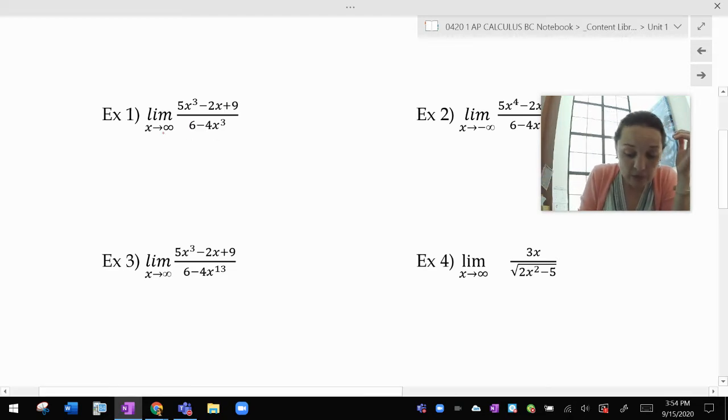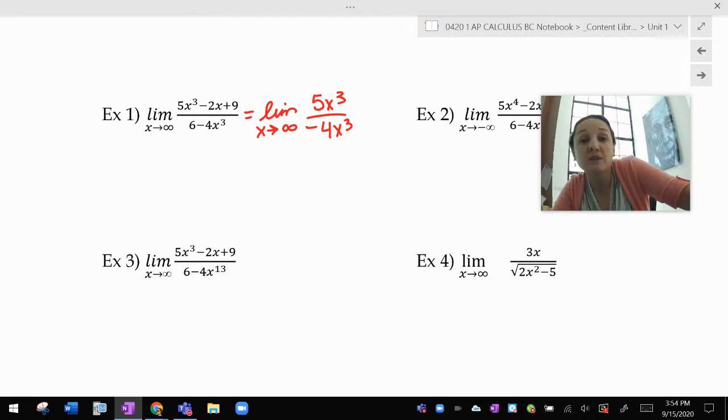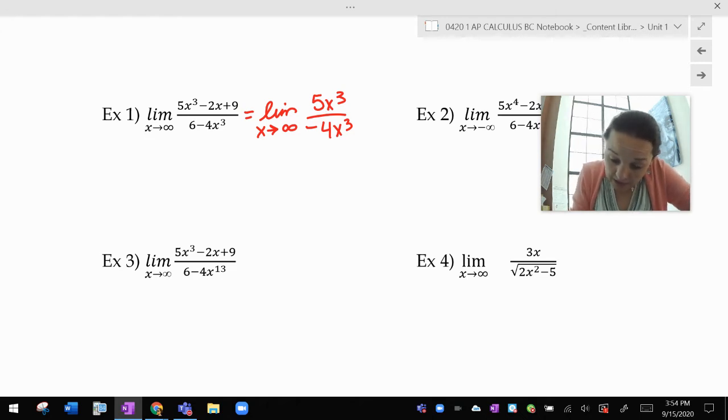And literally, the limit of this rational function is equal to the limit of 5x cubed over negative 4x cubed. I'm not simplifying that expression. I'm just saying ignore the stuff that doesn't matter, because as x goes to infinity, those limits are equal. And if they are, now I can simplify in here and say, you know what?